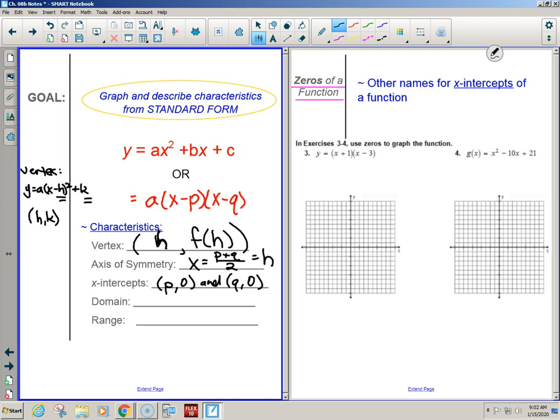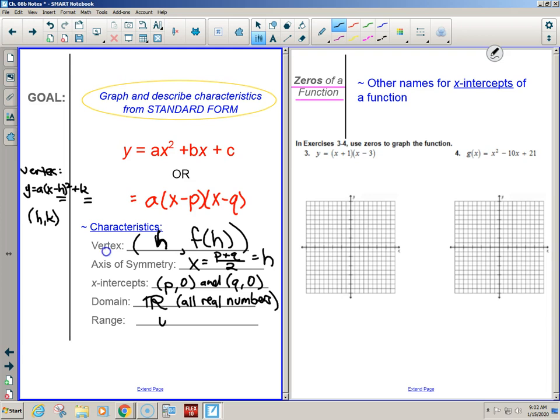Can anyone remind me real quick, just to finish this off from yesterday, we didn't remind ourselves of these 2 blanks. What's the domain? You already got it, all real numbers, right? There's that nice little shortcut way of writing it, but I can also say all real numbers. Domain is all real numbers. But what about the range?